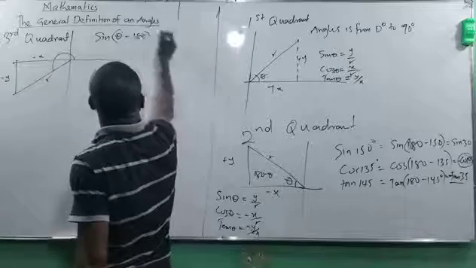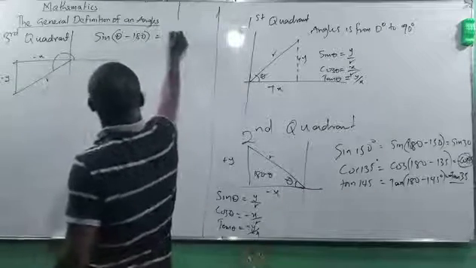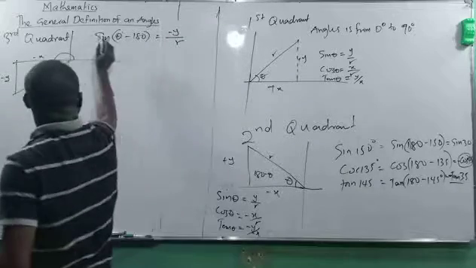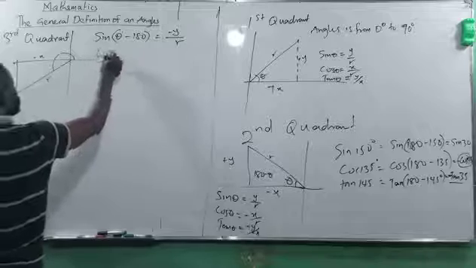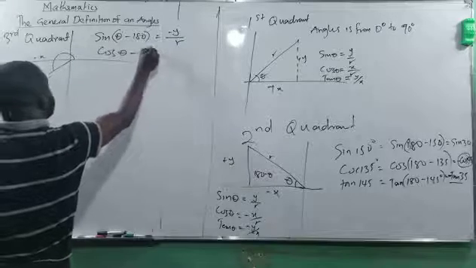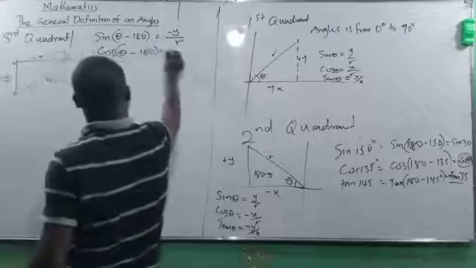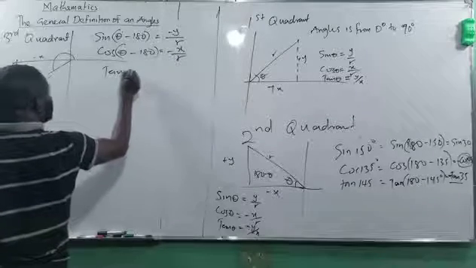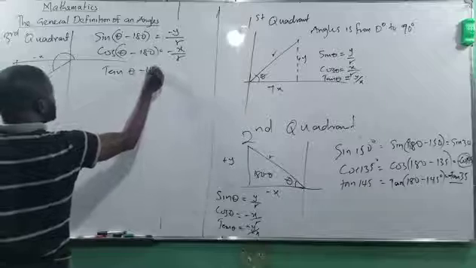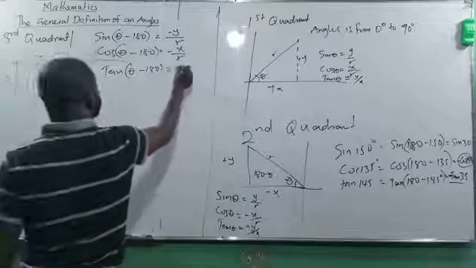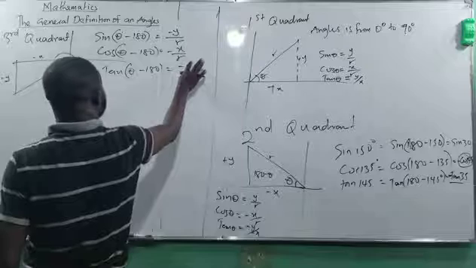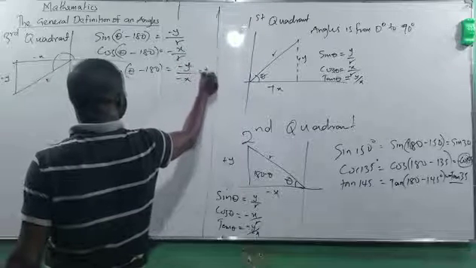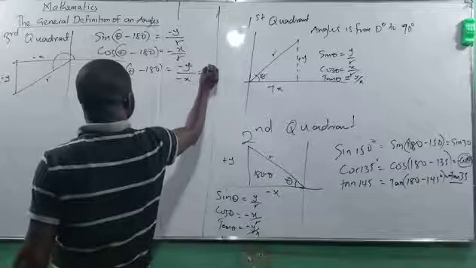Now, it means I'll be having minus y all over r, that is why it's negative. And if I have cos of 180 minus theta, it will be equal to minus x all over r. But if I have tan of theta minus 180, it will be equal to minus y all over minus x, which is going to be plus, y all over x.